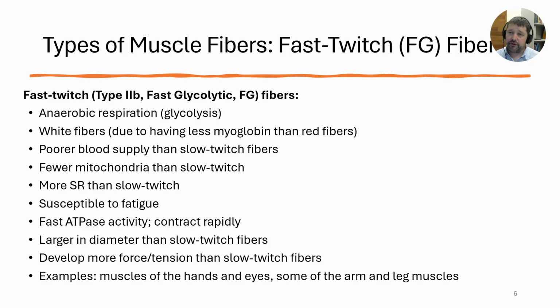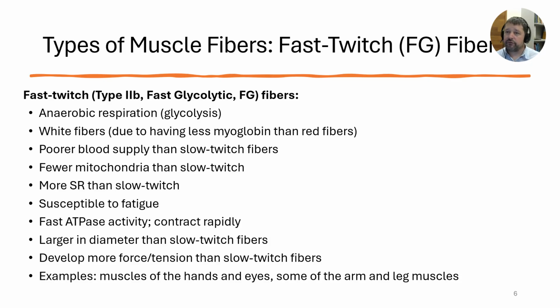So muscles that we use often, and we don't want to have to wait or store a bunch of myoglobin and things like that, like your eyes and your hands. Okay, muscles that we don't use for locomotion and things like that, like certain arm muscles and certain leg muscles, are also fast twitch muscles. Okay.